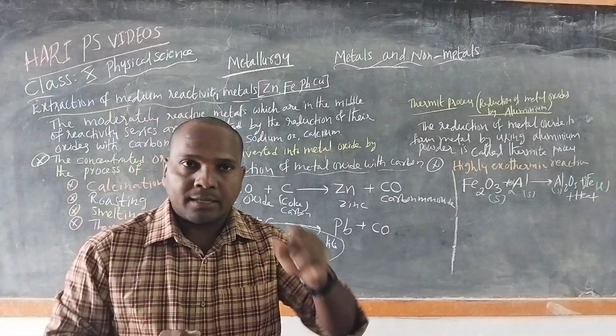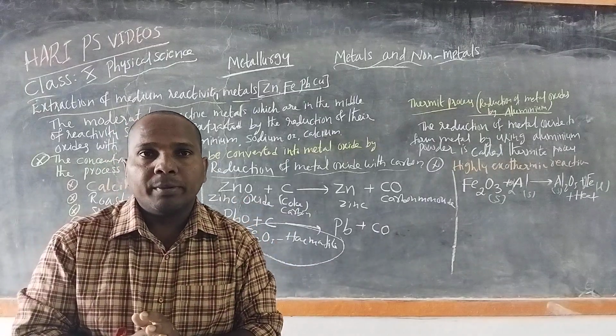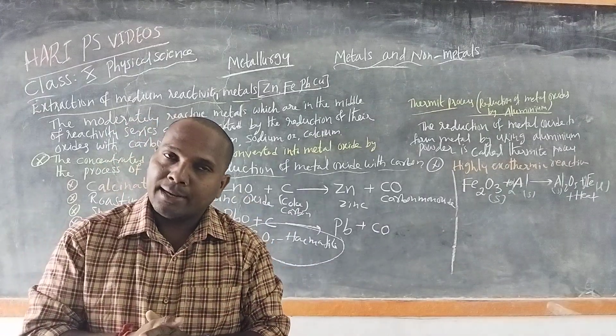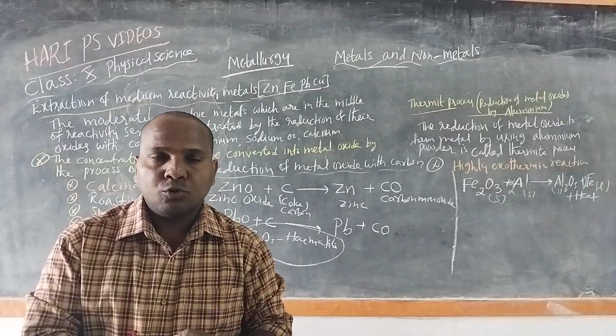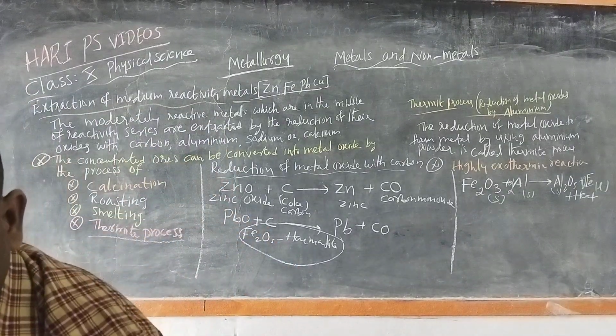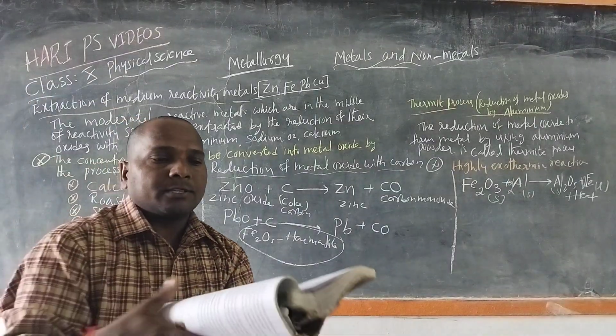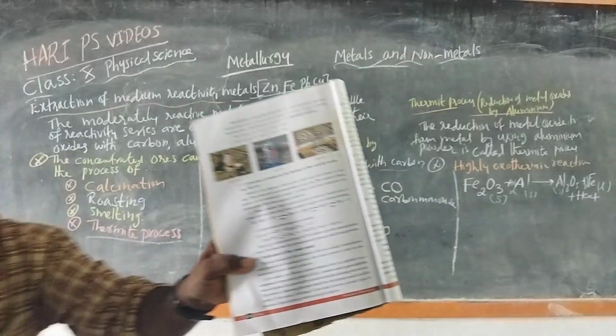The molten iron is poured between the broken iron pieces to weld them. This is how the reaction takes place, and this is how the thermite process works.